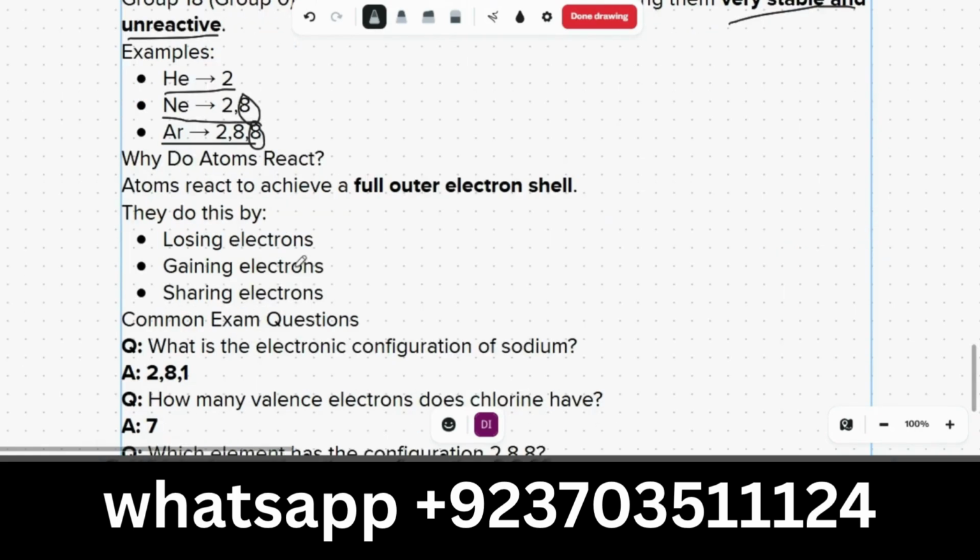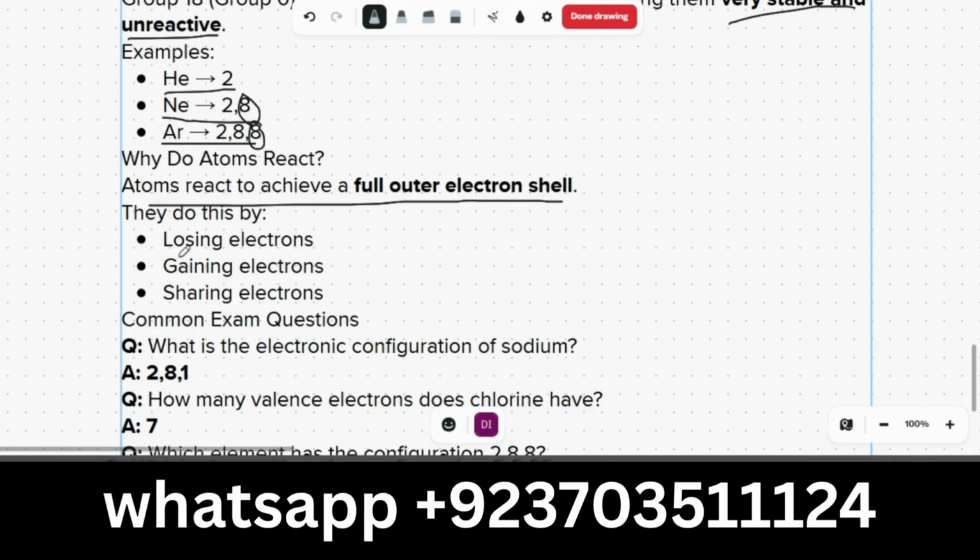Why do atoms react? Atoms react to achieve a full outermost shell. For example, sodium has one electron in the outermost shell, so it wants to be stable. So what will it do? Sodium will lose an electron. Chlorine has 7 electrons in the valence shell, so it tries to gain one electron to make it stable, 8 electrons.